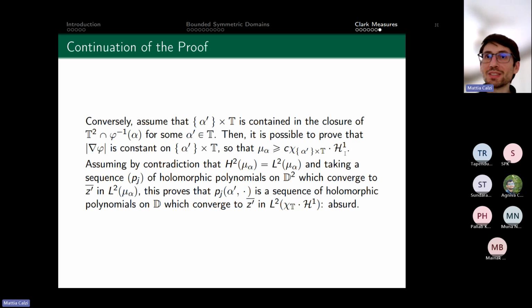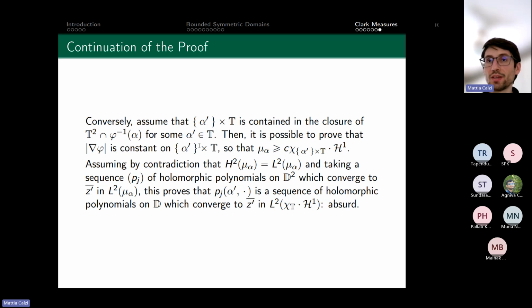And this fact here says that your measure mu alpha restricted to a vertical torus or a horizontal torus is in fact again a pluriharmonic measure.